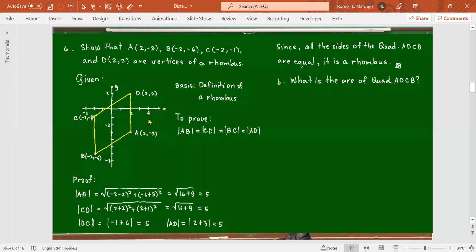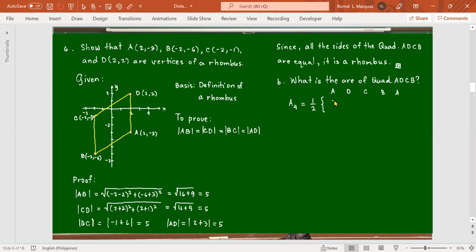Counterclockwise, right? If we are going to begin with A, what is the next point? D, followed by C, then B. What's the ending? A again, no?